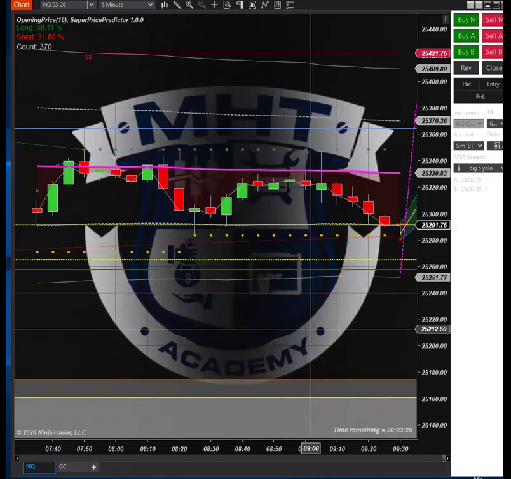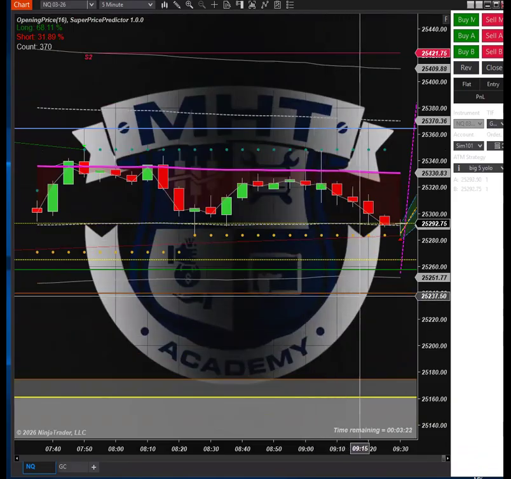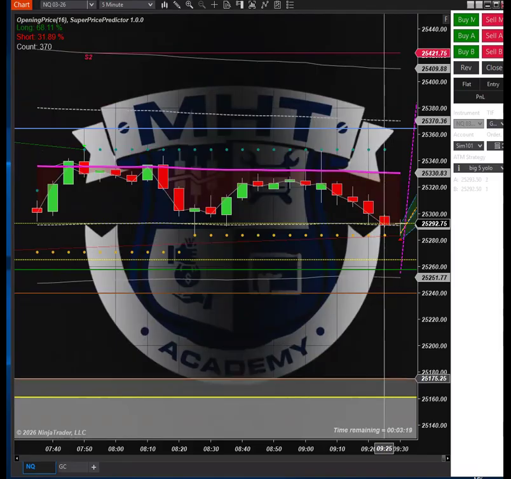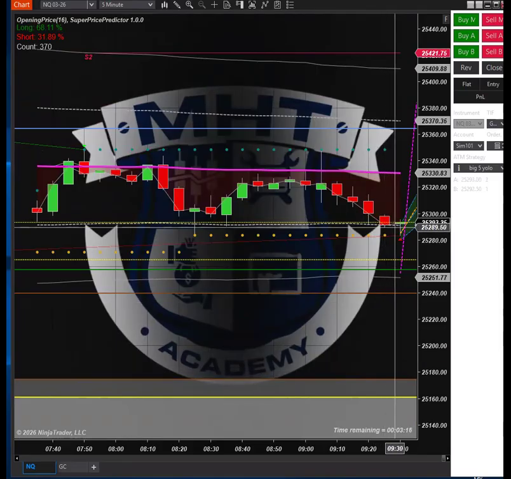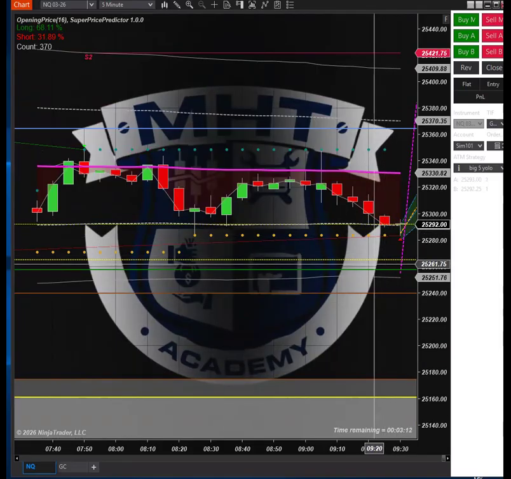I mean, NQ might not go back up until it gets down to this 4 hour level, or maybe this gap. This gap might push it back up. Oh man, I missed that.